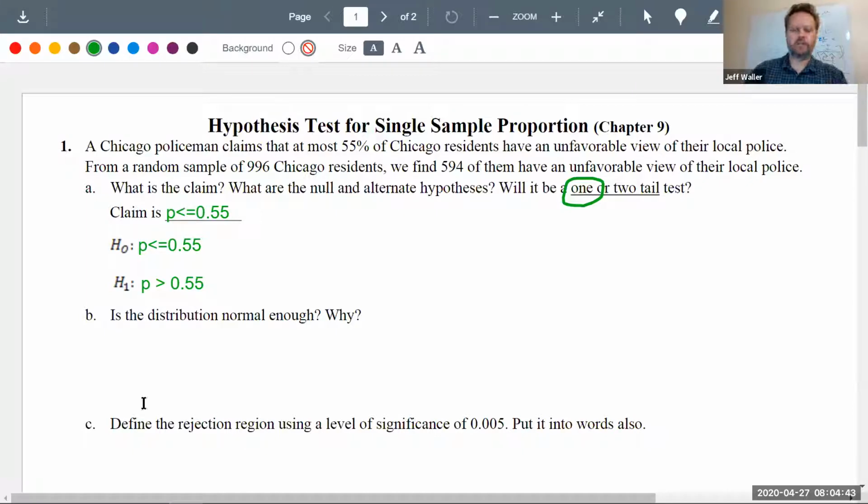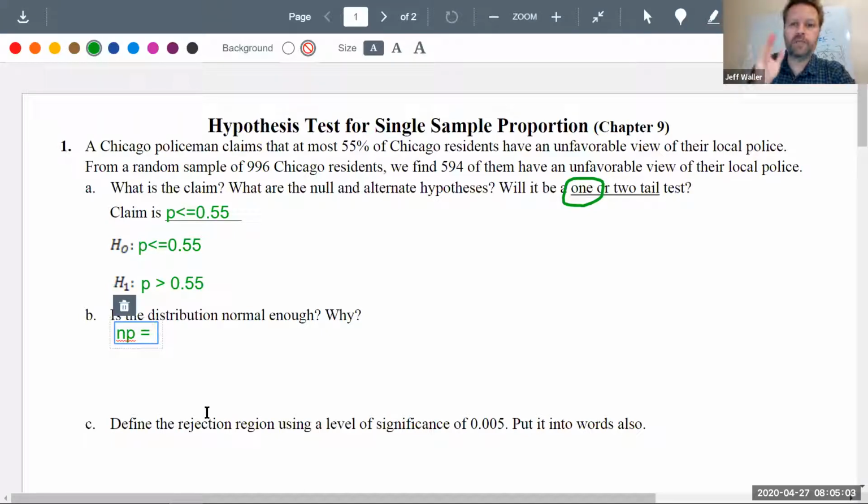So remember, it's NP and NQ, right? You got to check NP and NQ. Now, here's the weird thing about hypothesis tests. P is not the thing we get from the sample. That's the P hat. I know what P is.